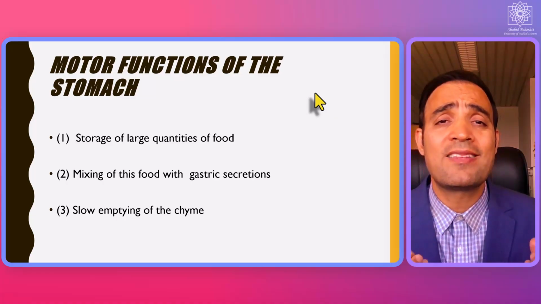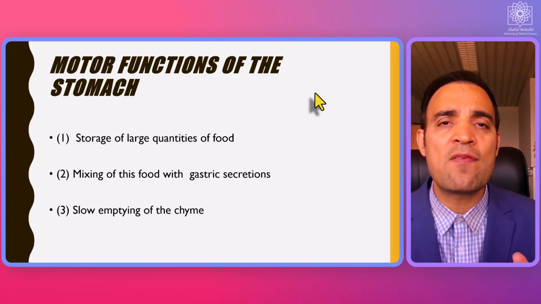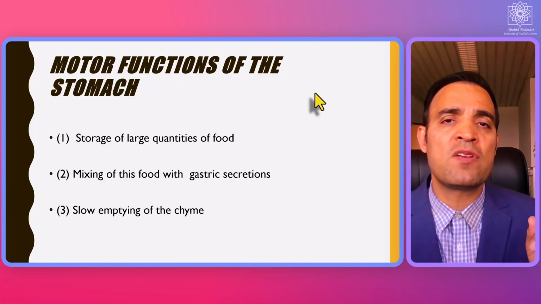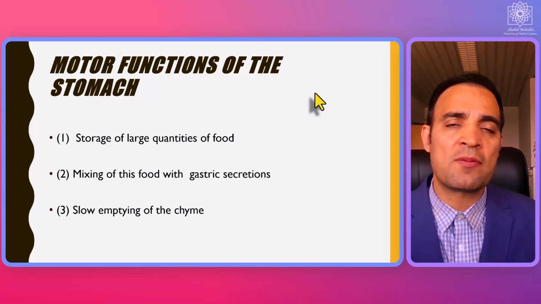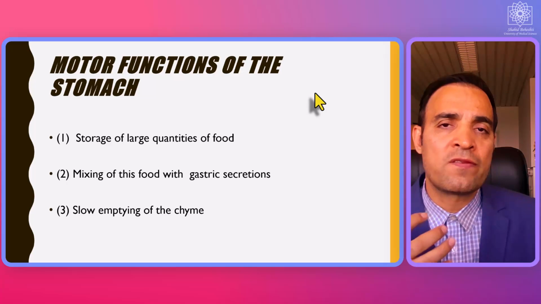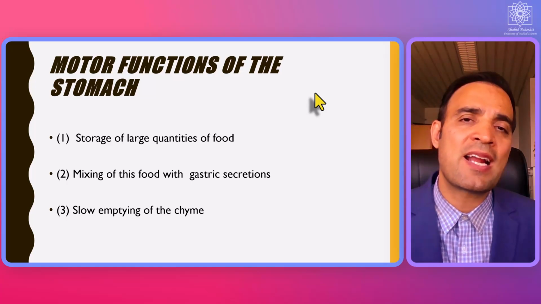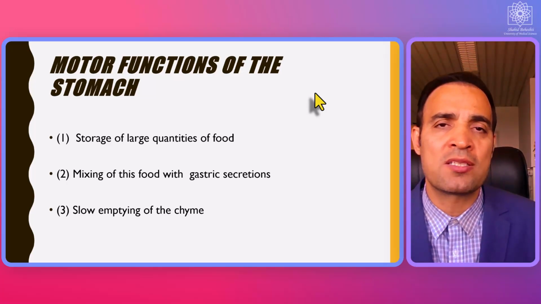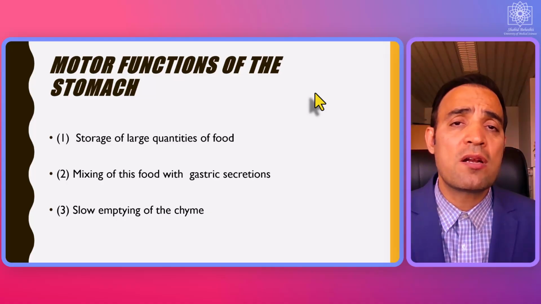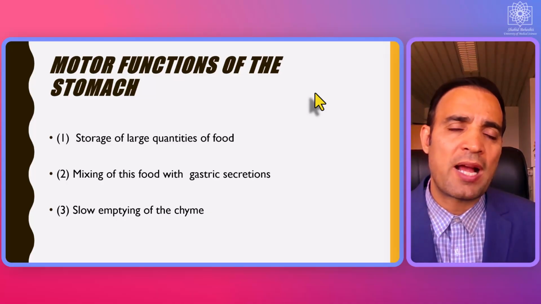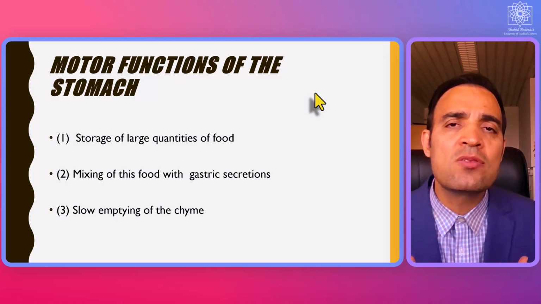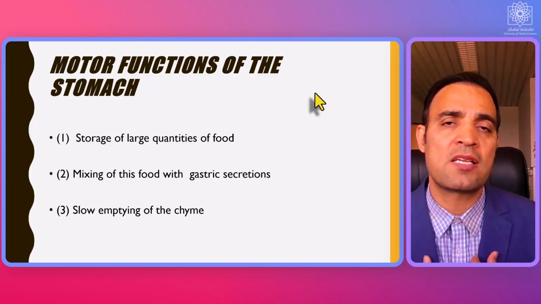This helps us to have a long period of time between our meals, because during this long period of time, the food that is reserved will be released gradually into the small intestine, and gradually over 1 to 2 to 3 hours be absorbed, and therefore we have a continuous supply of food in our stomach.